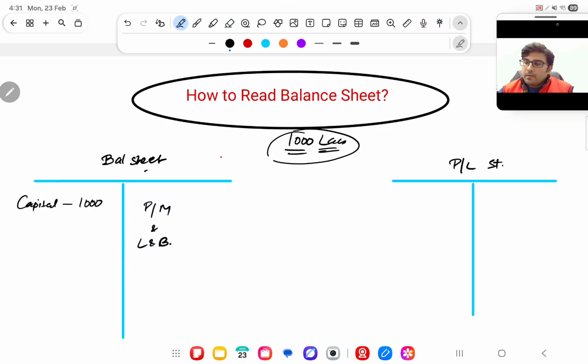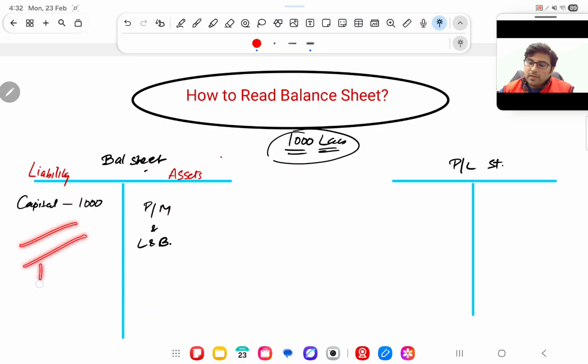Capital is reported in the liability side of the balance sheet, and whatever assets you have, it is on the asset side. Balance sheet has two sides. One is the liability part, which is on the left side, and the other one is the asset side, which is on the right side of the balance sheet.